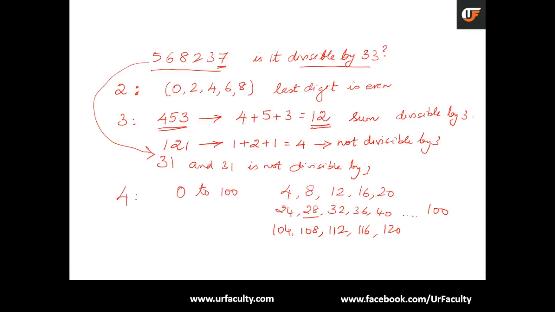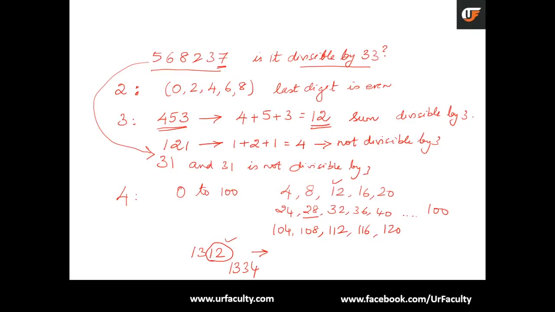So let's take an example here. Let's take 11312. We need to find out if this is divisible by 4 or not. We just need to check the last two digits. If this is divisible by 4, yes, then the whole number is divisible by 4. Let's take another example. 1334.